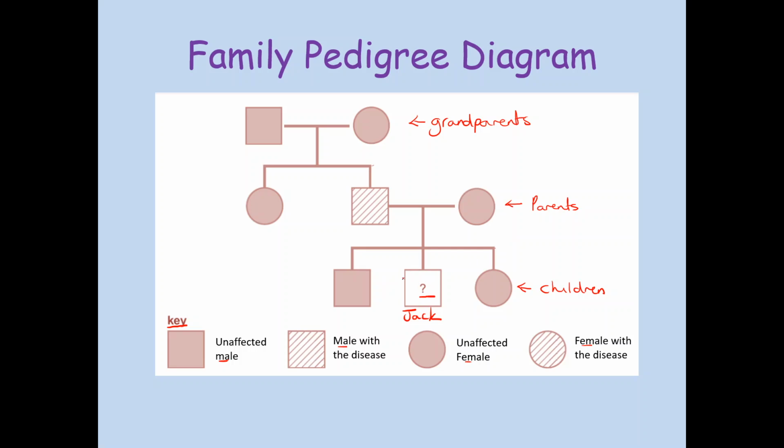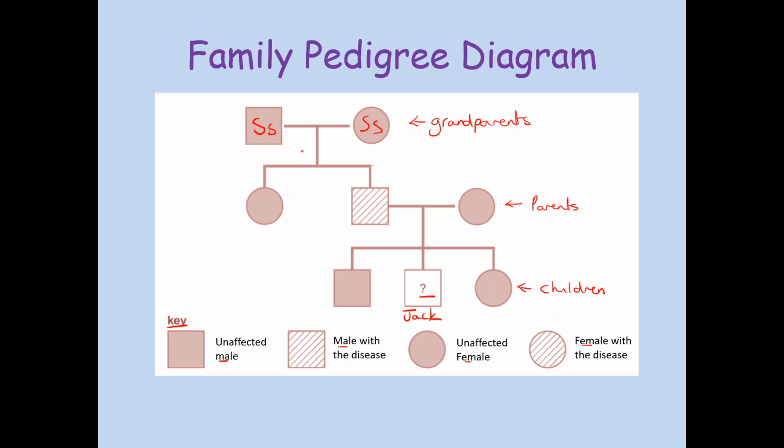Now to work out Jack's genotype, we can fill in some of these already. But what I'm actually going to do is to give you the genotypes of the grandparents. So the grandparents here are carriers for a genetic disorder called sickle cell, which I'm going to represent with S's.